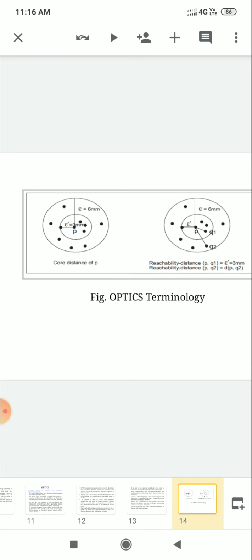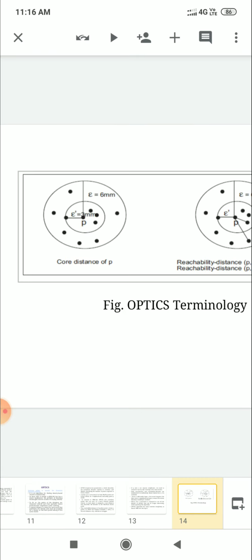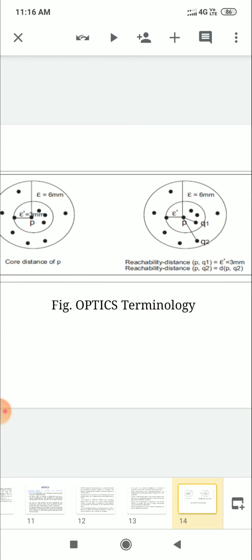This is the OPTICS terminology. We can see that the core distance of P is marked as 3 millimeter. The core distance of P is the distance epsilon dash between P and the fourth closest data object from P. The reachability distance of Q1 from P is the core distance of P, that is epsilon dash equal to 3 millimeter, because this is greater than the Euclidean distance from P to Q1.